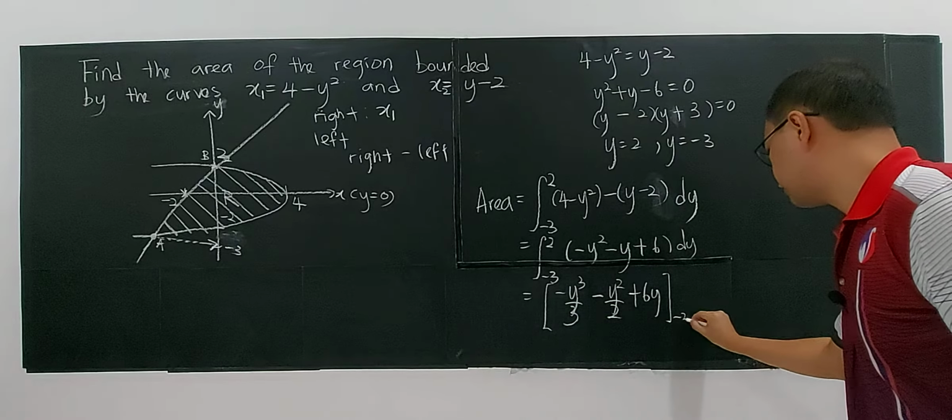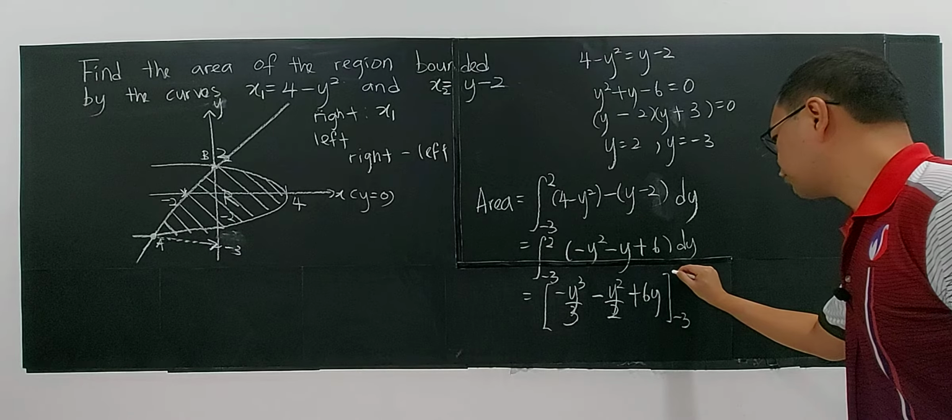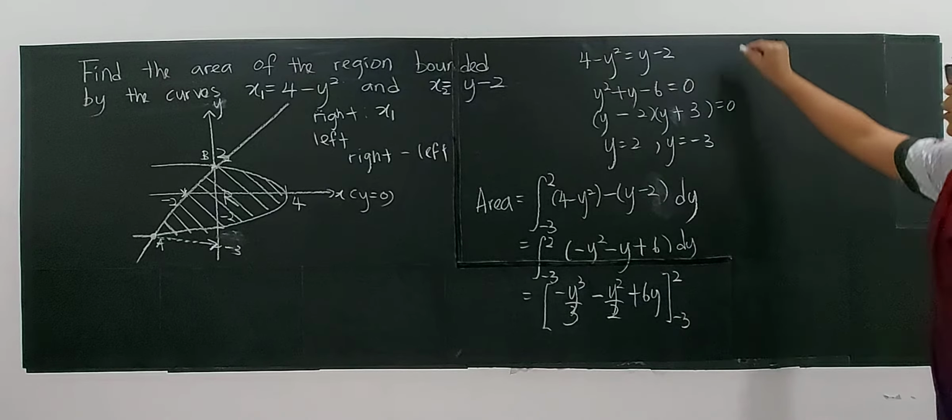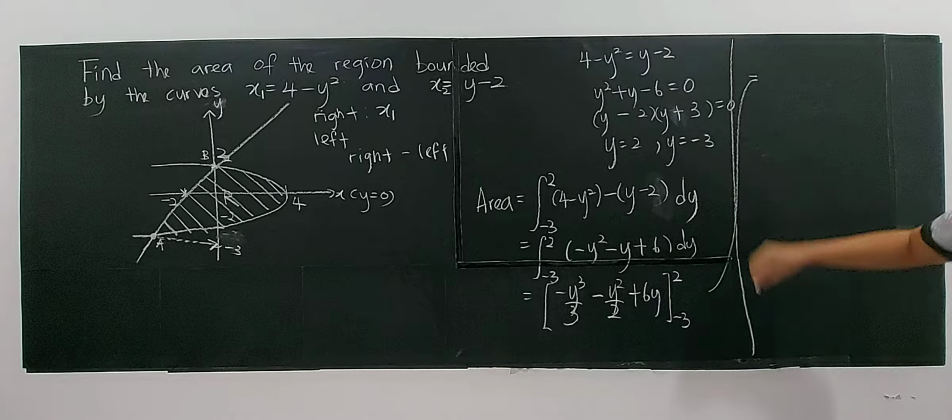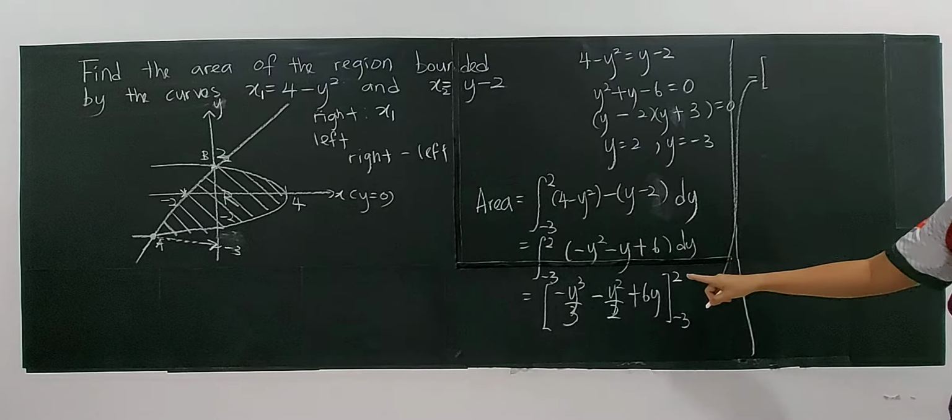And from the region y equals negative 3 to y equals 2. So evaluate as usual, and until you are expert in evaluating this, you just have to substitute.